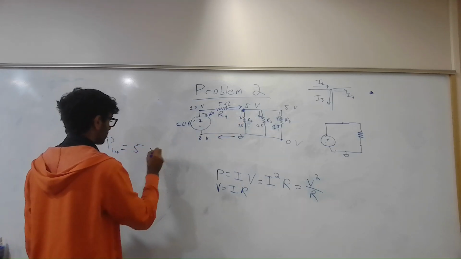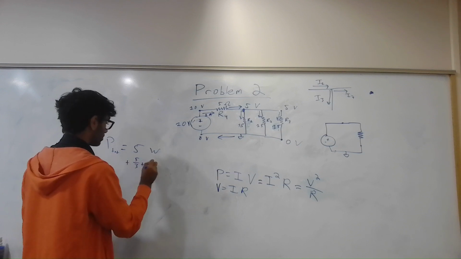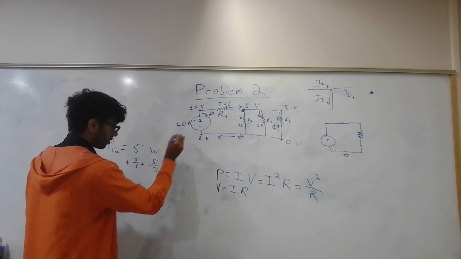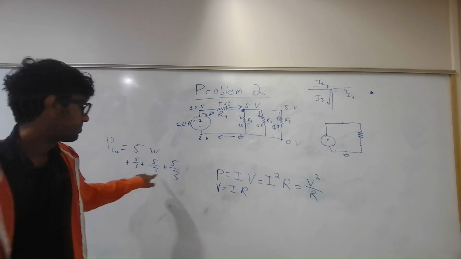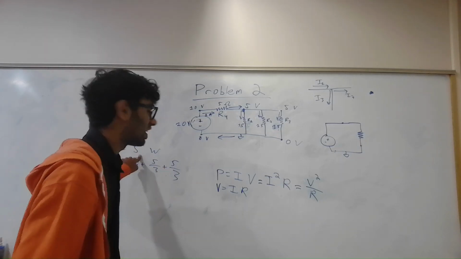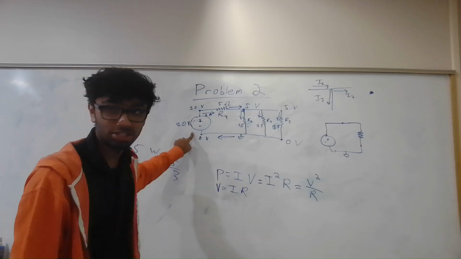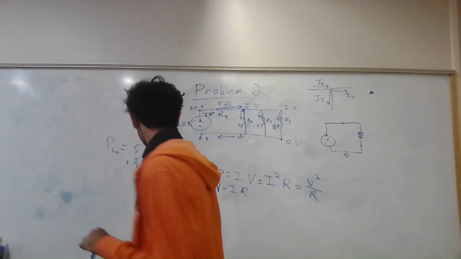For R1, it's 5/3, plus 5/3 for R2, plus 5/3 for R3. 5/3 plus 5/3 plus 5/3 is 15/3, which is just 5. And 5 plus 5 is 10, which is the power supplied by the battery. So indeed, the numbers add up and this makes sense.